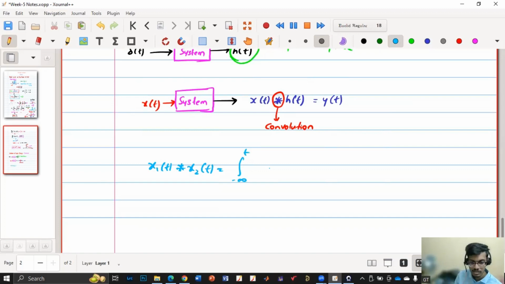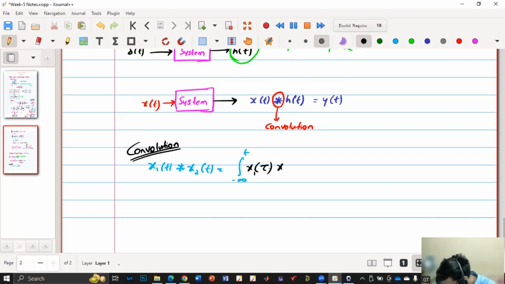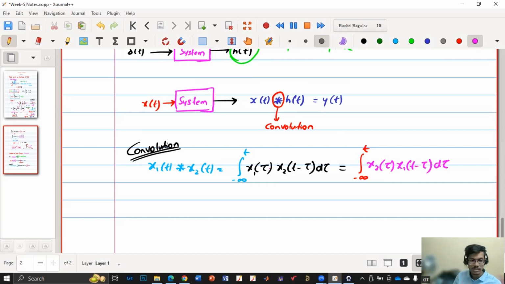So this is the definition of convolution: minus infinity to time t, x1 of tau, x2 of t minus tau, d tau. This can also be written as minus infinity to time t, x2 of tau, and x1 of t minus tau, d tau. Okay, so this is the definition of convolution.